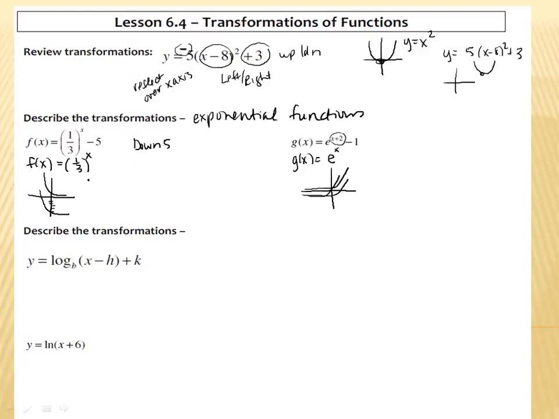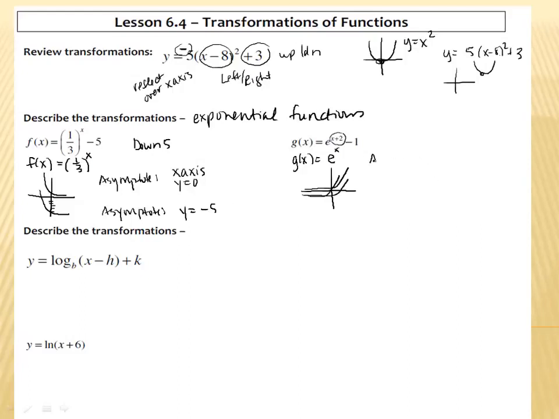Now let's talk about the asymptote. Now the asymptote from the original graph is always going to be the x-axis, which is the equation y equals 0. So if I just moved everything down 5, my new asymptote for this new function is going to be y is equal to negative 5 because I moved everything down.